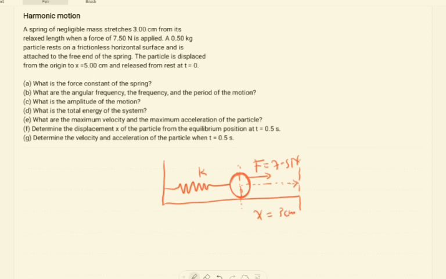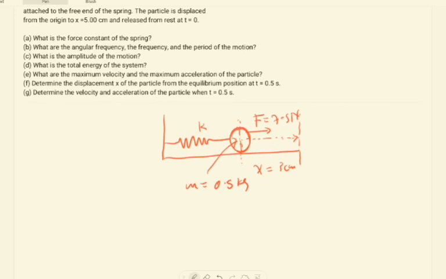This is of course to find the Hooke's constant. In fact, the attached mass weighs about 0.5 kg, and also we are given that the oscillation occurs in a situation where the mass is displaced to a point where x equals 5 centimeter.